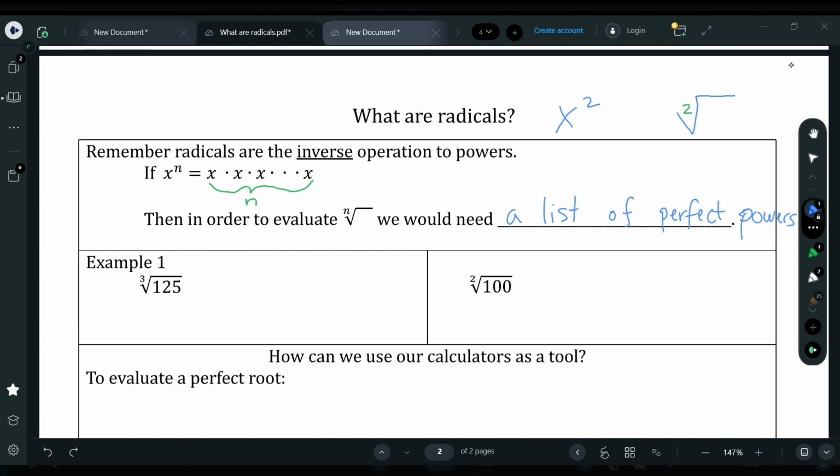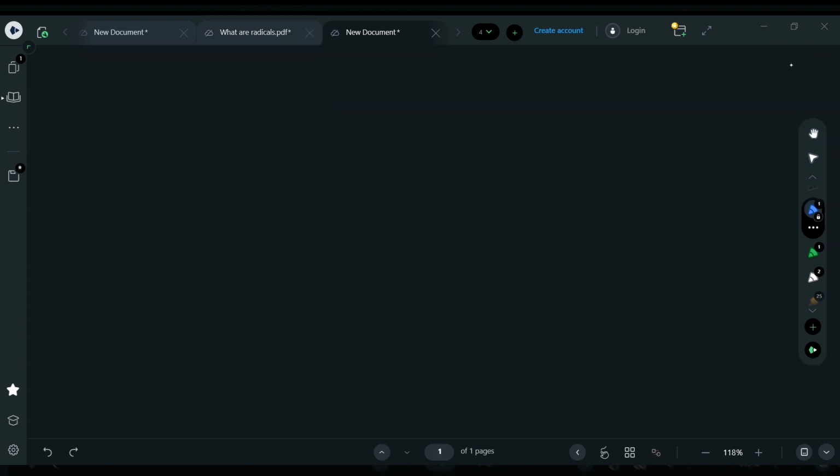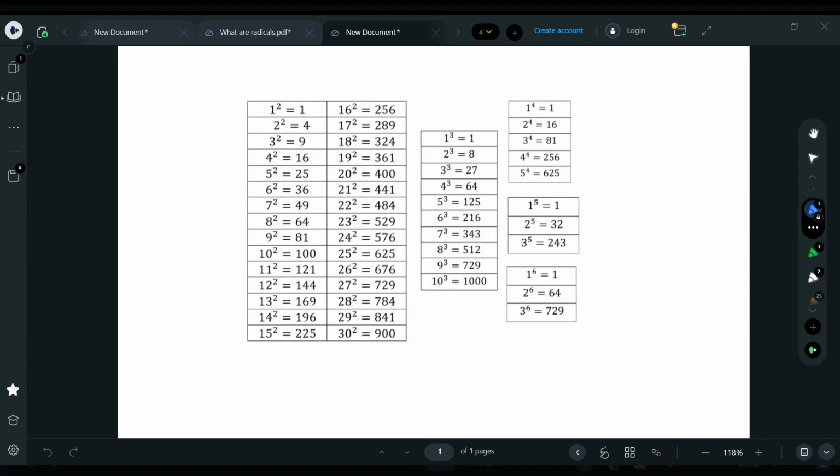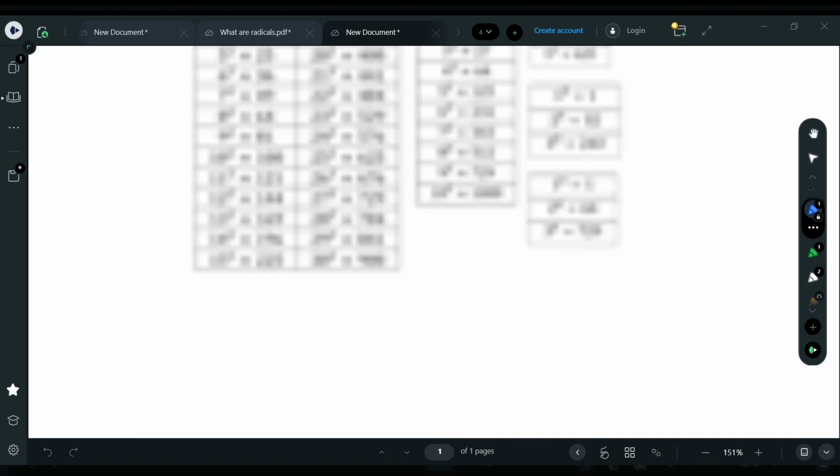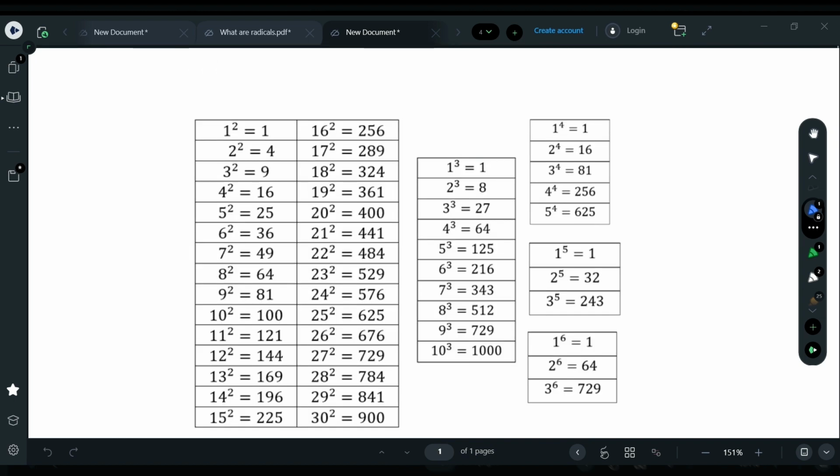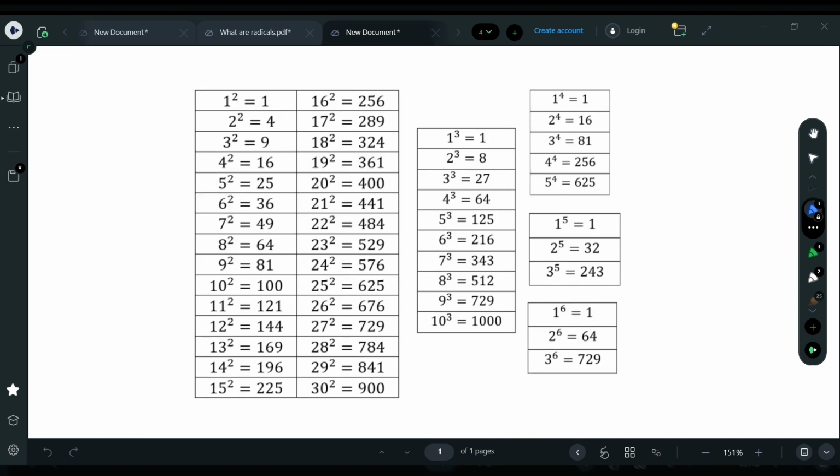And you should also have a copy of this list here. We're going to be working with this list, so you should have one of these. This here is a list of perfect powers. We've got a total of 5 lists. These are squares, these are cubes. Once the exponent gets above a 3, we don't really have a special name for it.